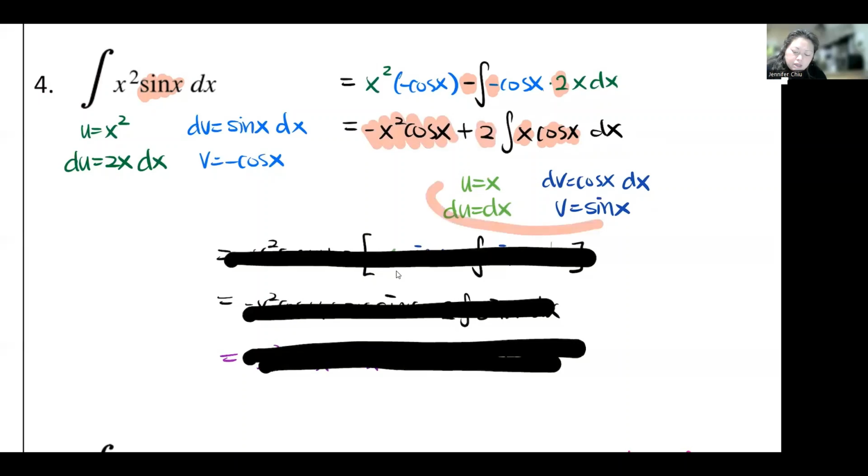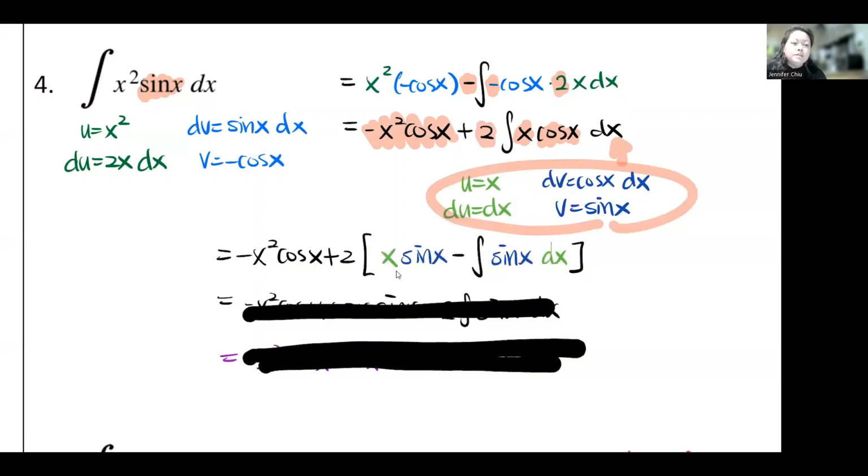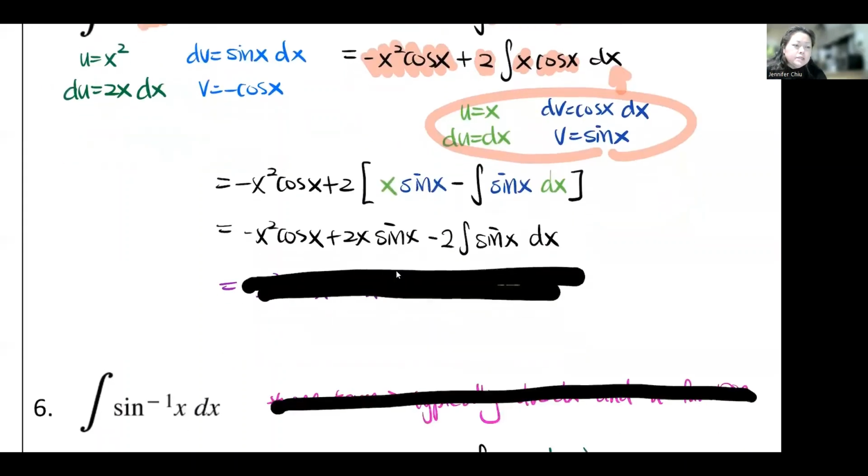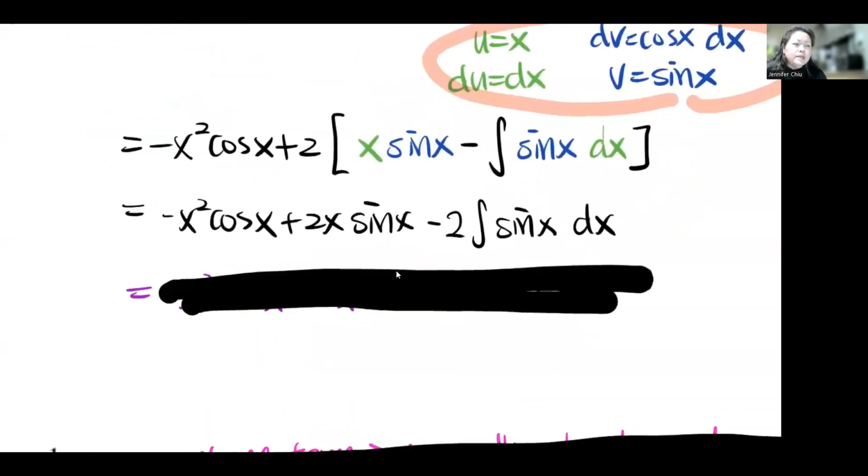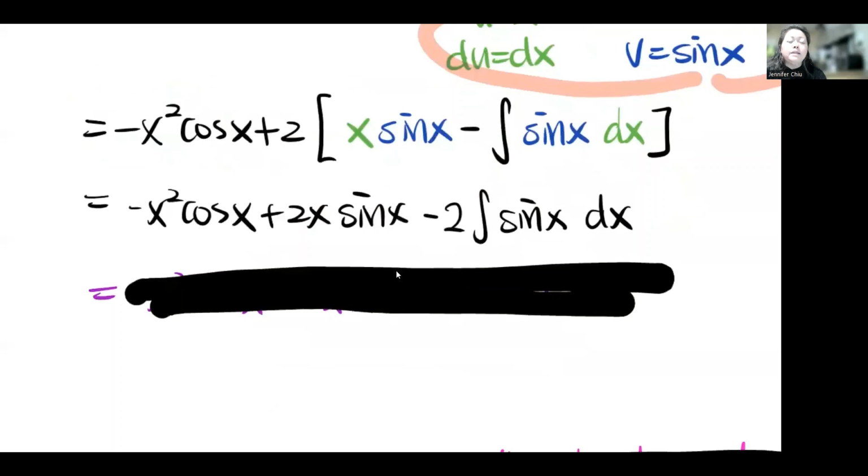So my next line looks like my original negative x squared cosine x plus 2, times the new integration by parts, uv minus integral of v du. If you distribute your 2, the next line looks like negative x squared cosine x plus 2x sine x minus 2 times the integral of sine x dx.